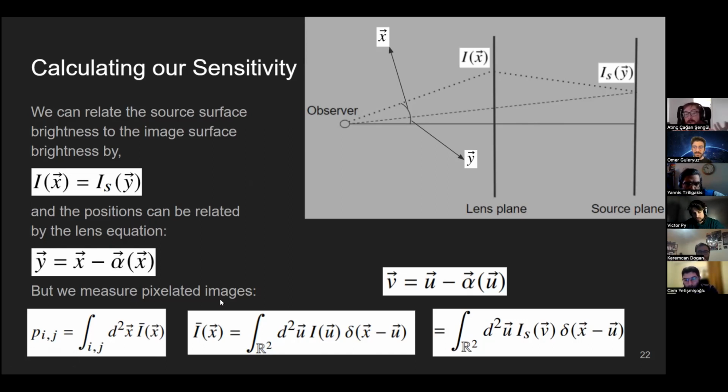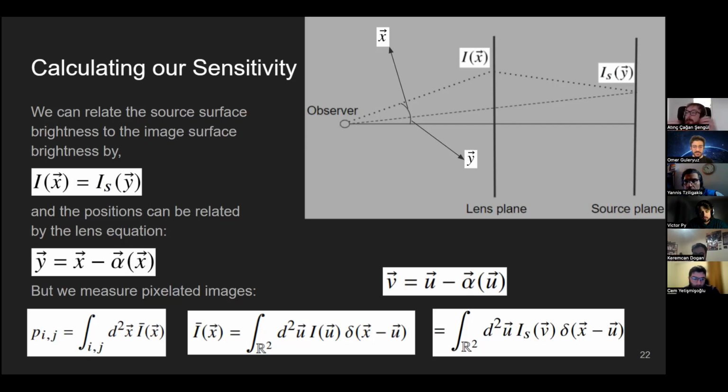But the thing is, we don't observe these images purely. We observe pixelated images. So this intensity first gets convolved by a point spread function in a telescope. Telescopes have a point spread function: if you observe a point-like source like a star, you would actually observe some distribution due to both diffraction, due to the finite aperture of the telescope, and also the detector chip effects.